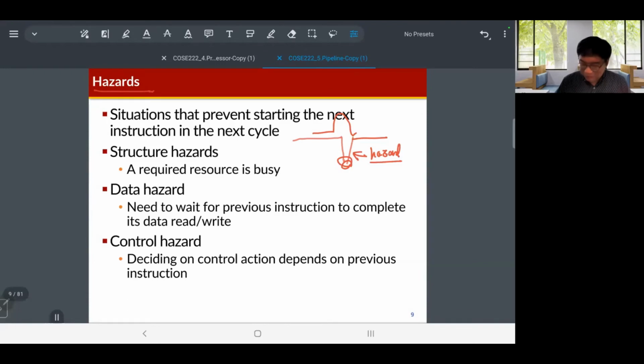And what does hazard mean in processor architecture?